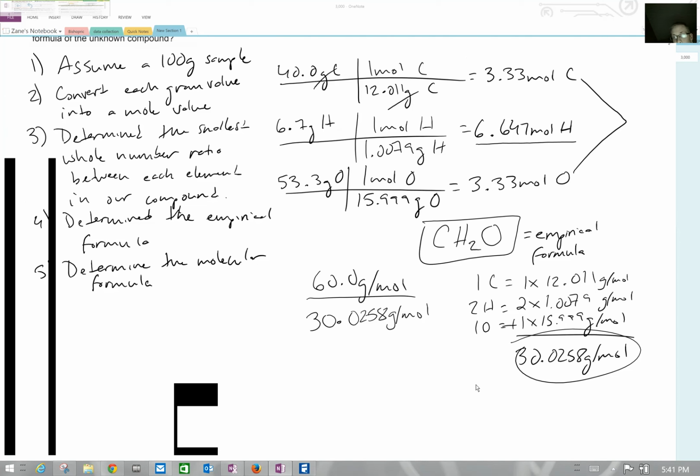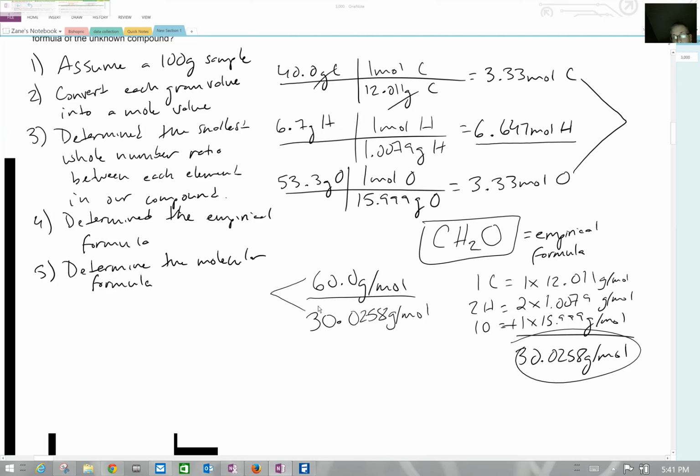Okay? You don't even need to use a calculator. So what's 60, roughly, divided by 30? Well, that's just 2. What that means is that if we take everything in our empirical formula times the subscripts by 2, we should get our molecular formula.